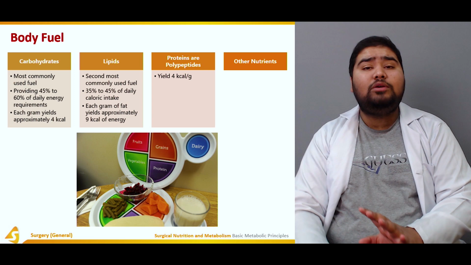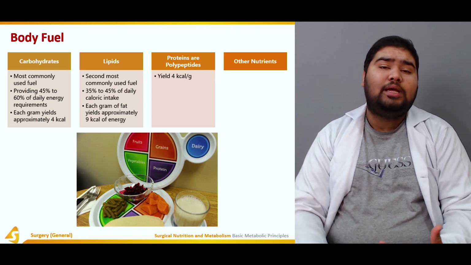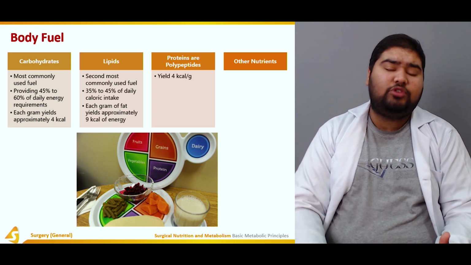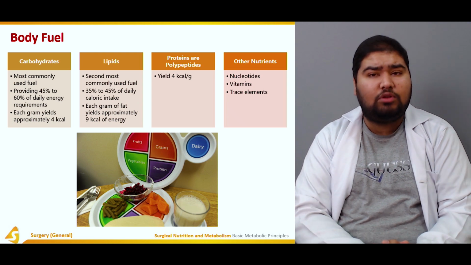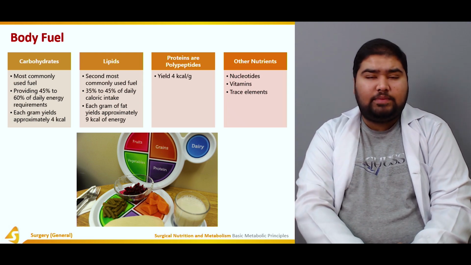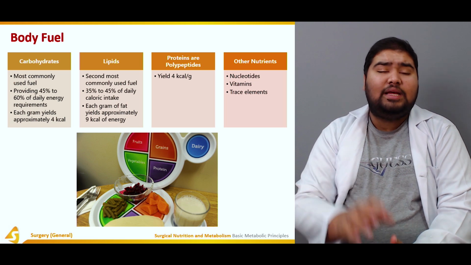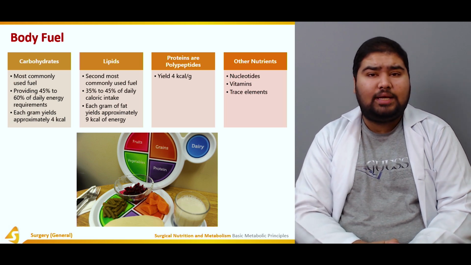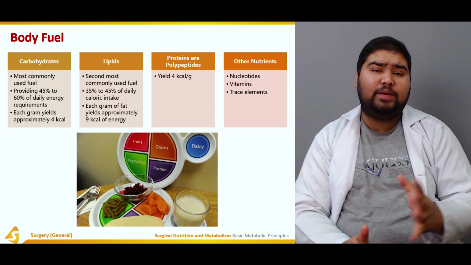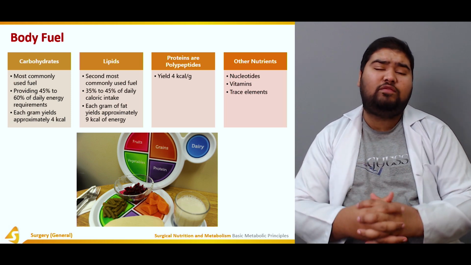Now, other nutrients that are important for the nutrition of the body include the nucleotides, the vitamins, and the trace elements. The nucleotides act as building blocks of the DNA.